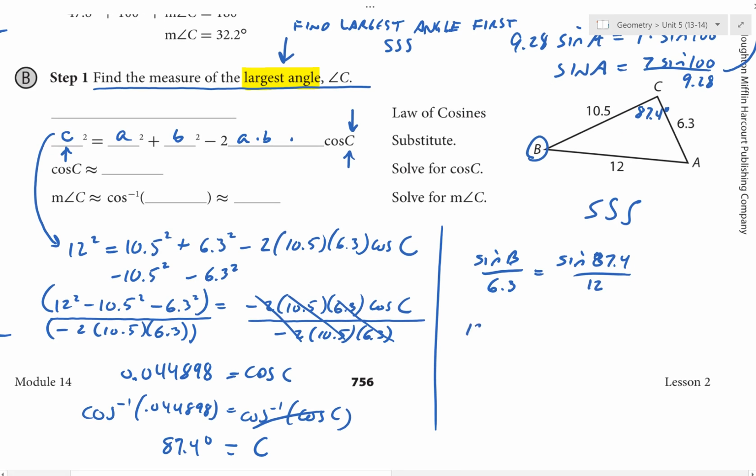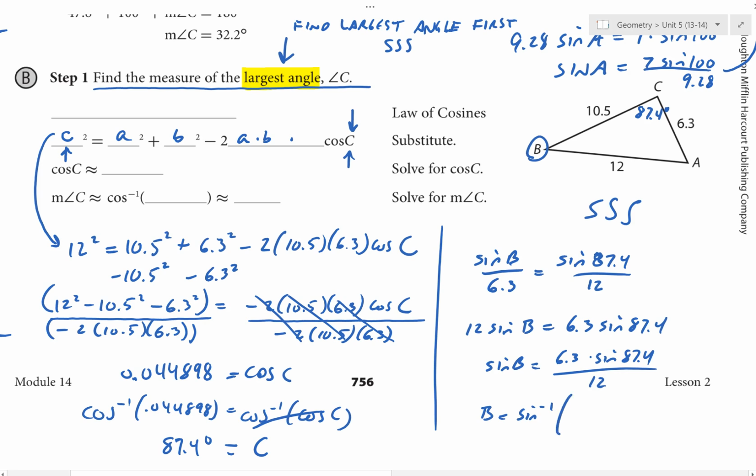And so then we have 12 sine B equals 6.3 sine of 87.4, or sine B equals 6.3 sine of 87.4 divided by 12. And then B would be the inverse sine of that.